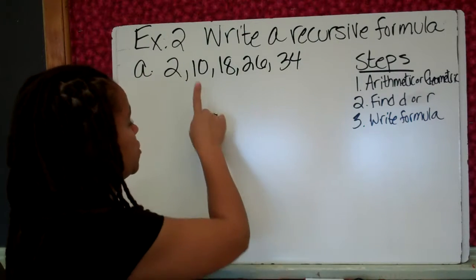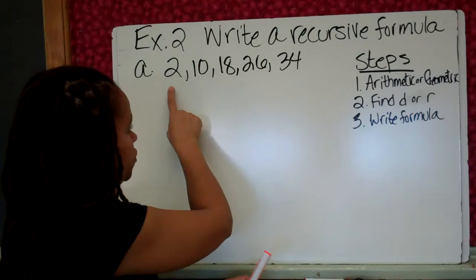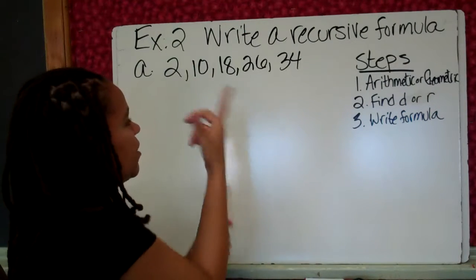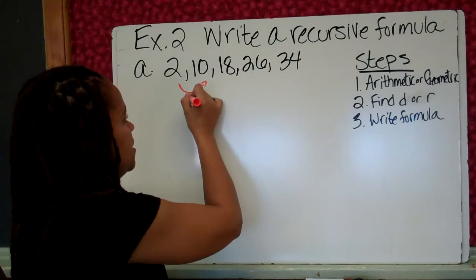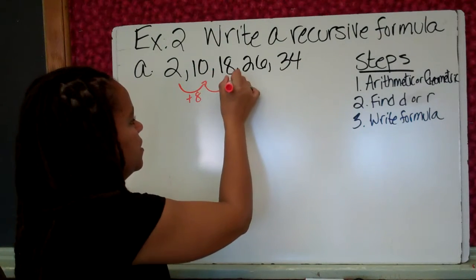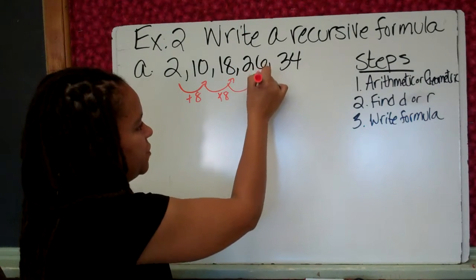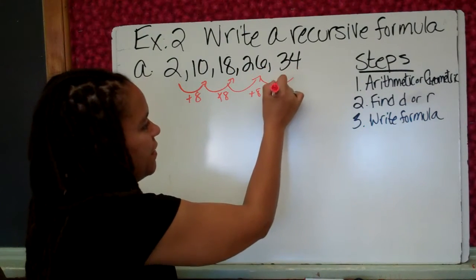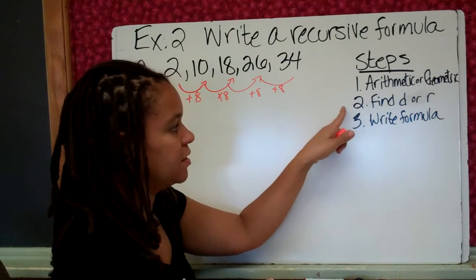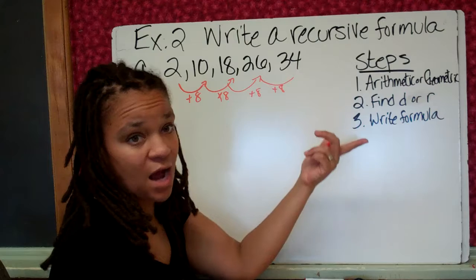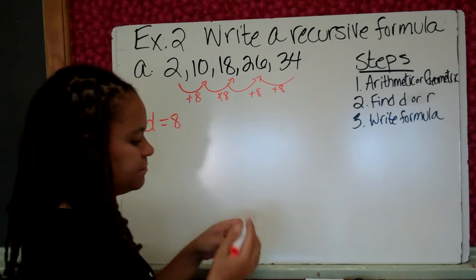You can start by subtracting and see if you get the same thing. 10 minus 2 is 8, 18 minus 10 is 8. I'm already thinking it's arithmetic, because here I would add 8, here I would add 8, and here I would add 8. So already I know it's arithmetic. That tells me I need to find d, the common difference. I already did that. So d is equal to 8.